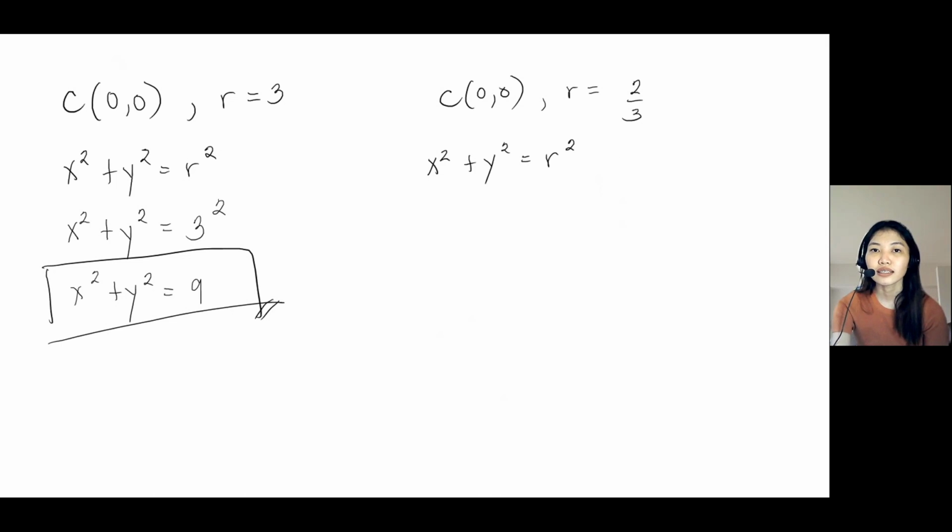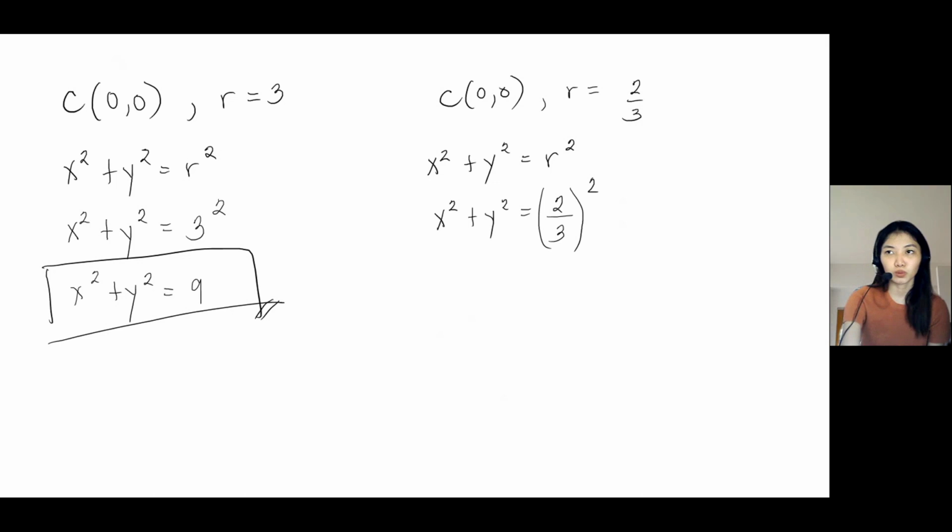So substitute the value of r: x squared plus y squared is equal to 2 over 3, and the exponent is 2.